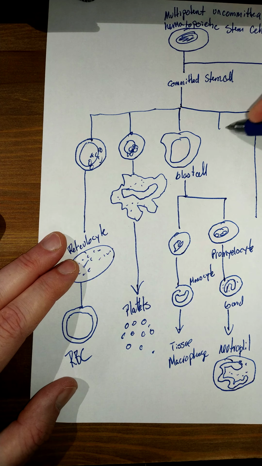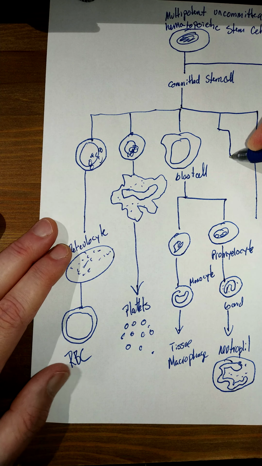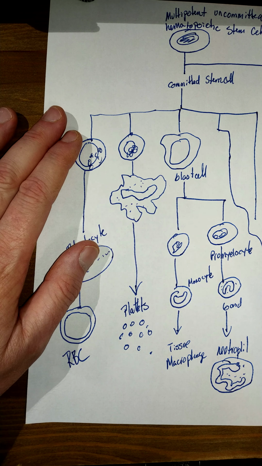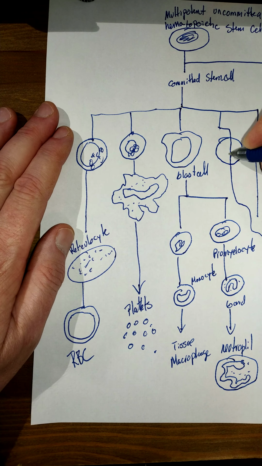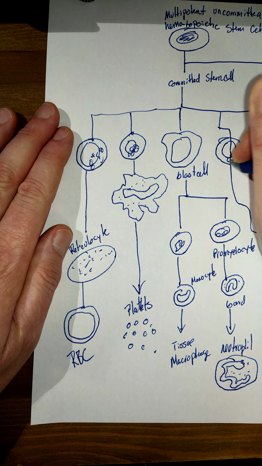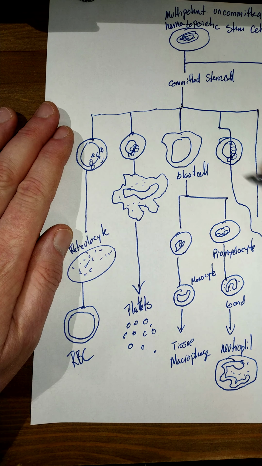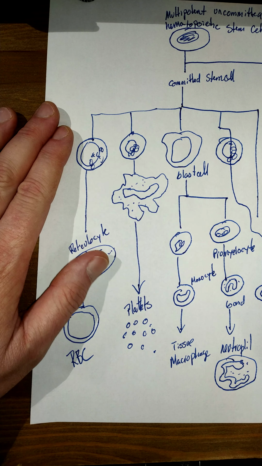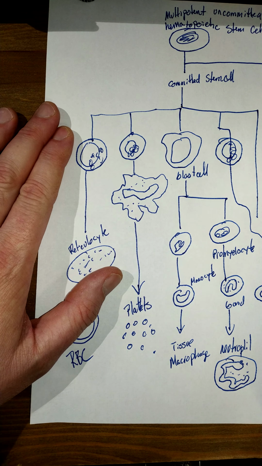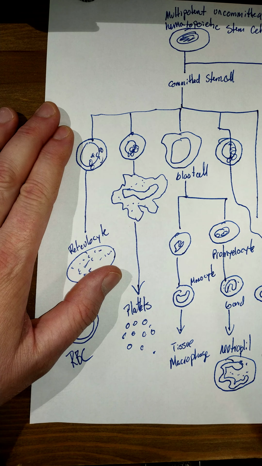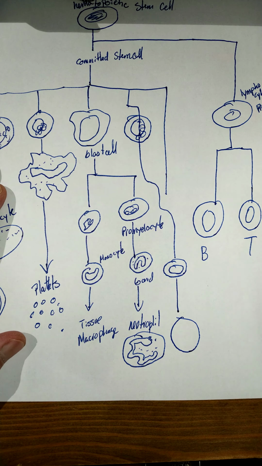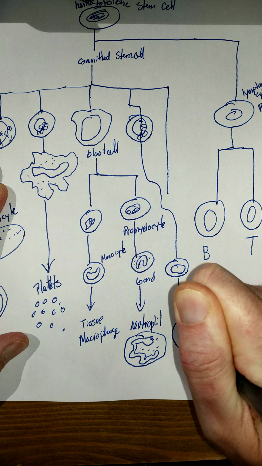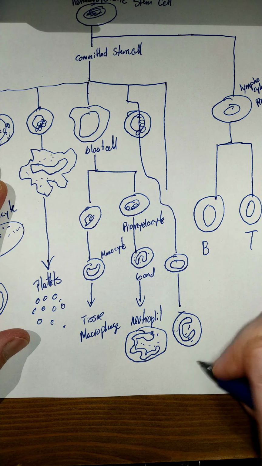The next one, I'm going to come around this way and make us some space right here. This differentiates into more of a blob, and then finally comes down to this shape, which is an eosinophil.